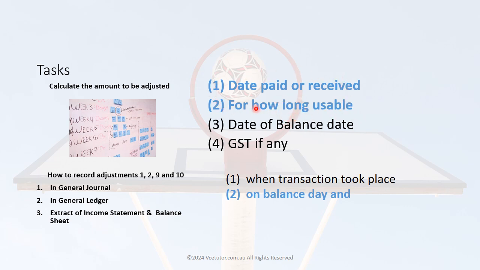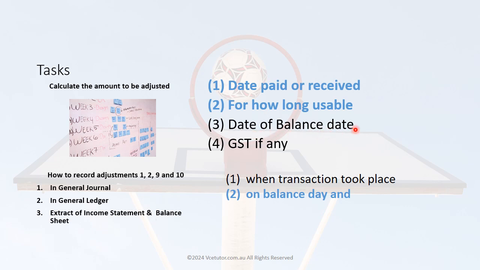Balance day adjustment date, if it is not given, is usually 30th of June every year in Australia. Otherwise, you have got to pay attention to the balance date given in your exam.